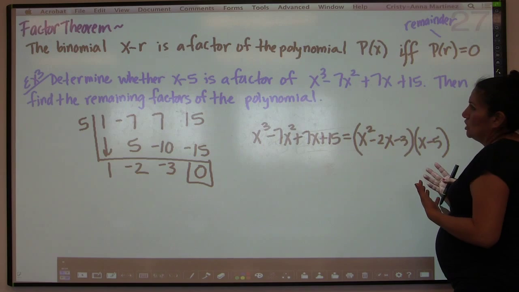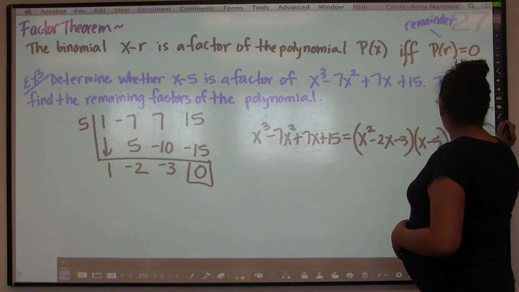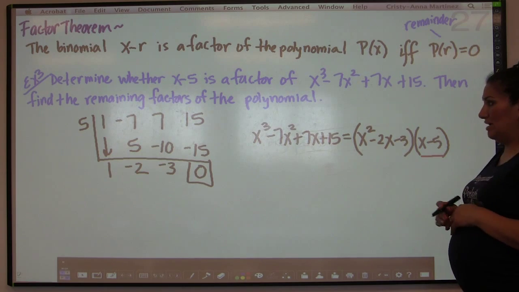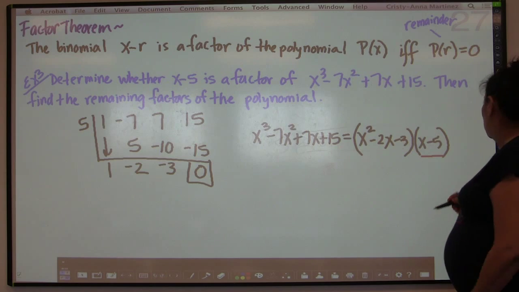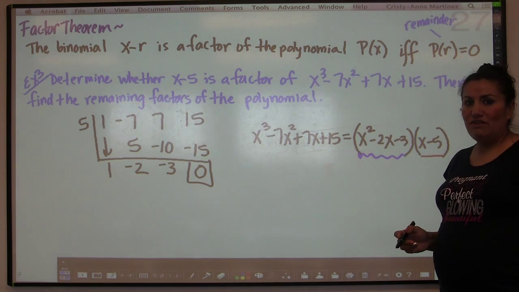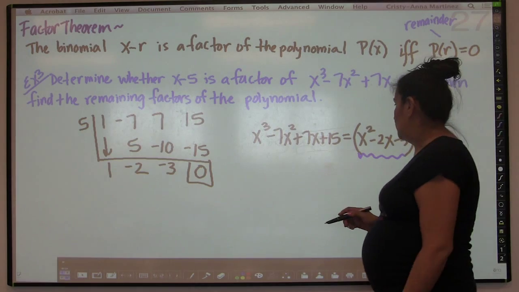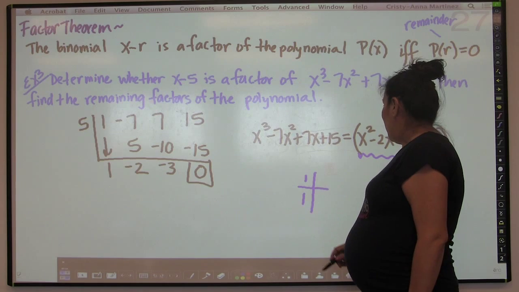This is important to know because it says find the remaining factors of the polynomial. We already knew that x minus 5 was a factor because that's what the division told us. But now it wants us to find the remaining factors. So now we have this quadratic, and we can actually factor that to get the other two factors. We don't have to keep dividing. We can now use our factoring techniques.